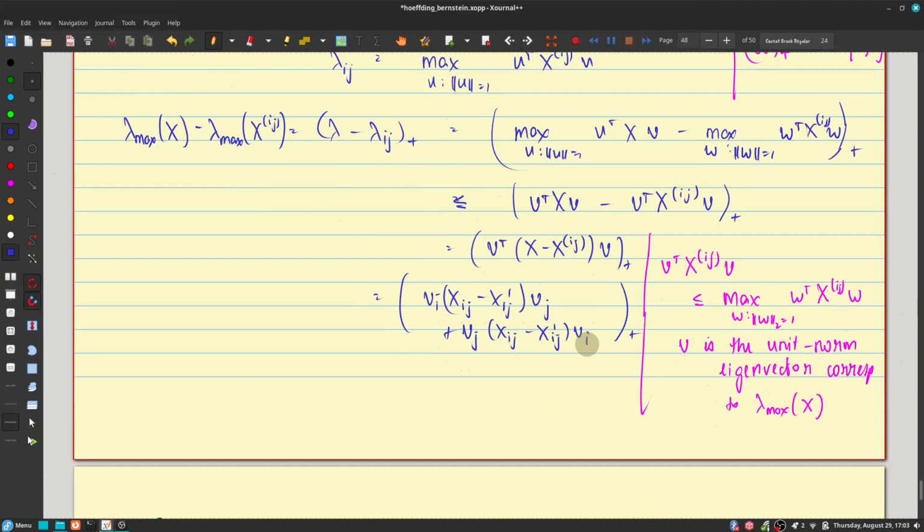What do we know about Xij minus Xij prime? How large can that be? 2, right?